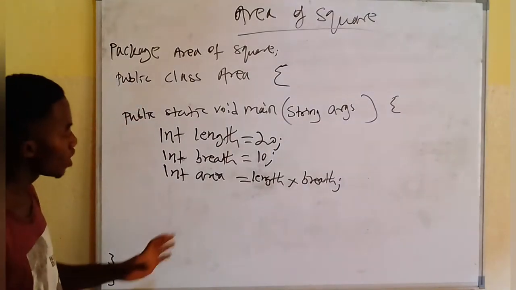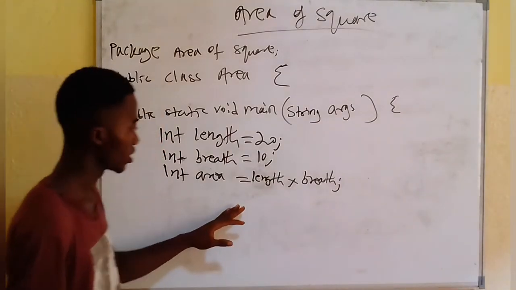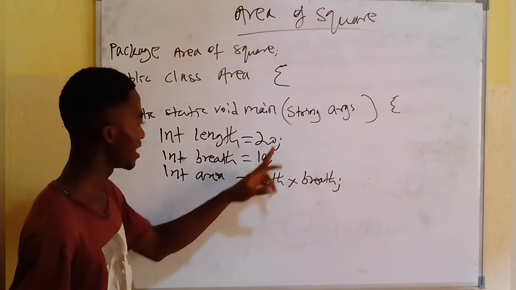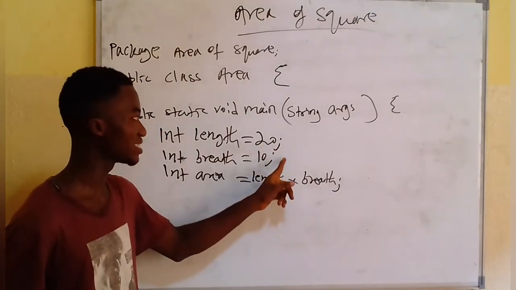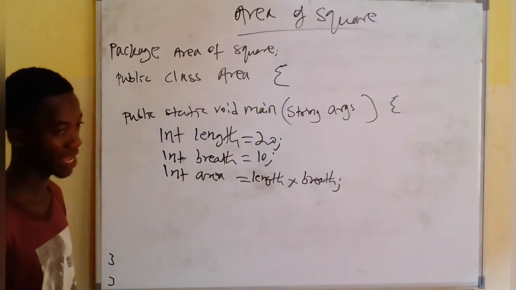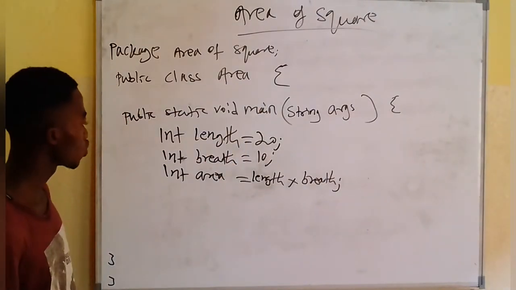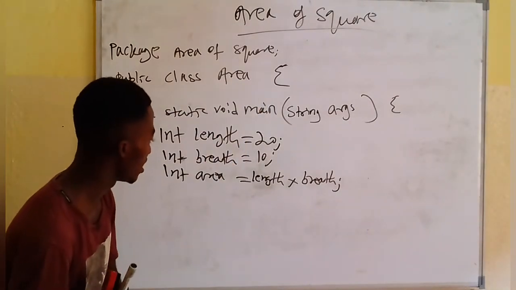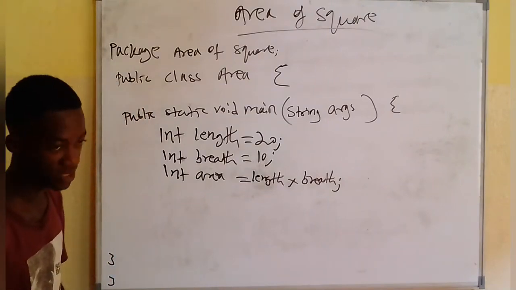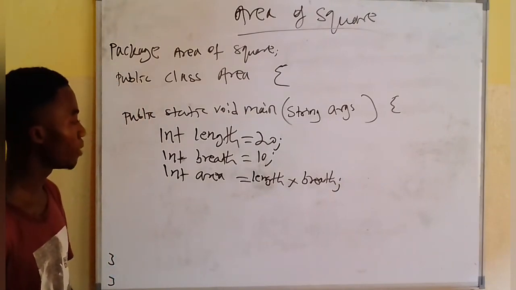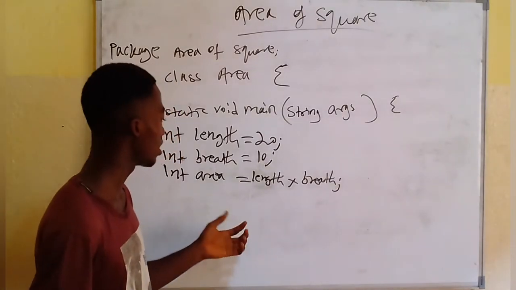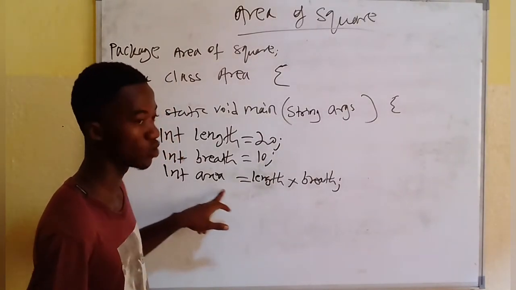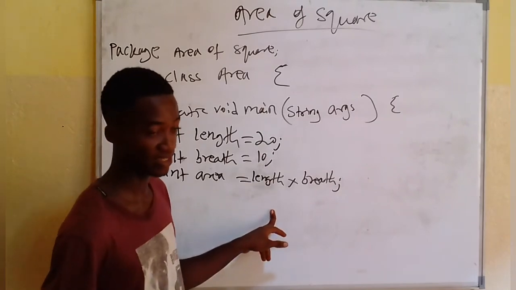So, now we want a result. When you multiply this 20 by 10, this is the length times the breadth, to give you the exact answer, the area of this particular square. What do we do? We go to the print method, the system.out.print method, so that we pass this word area as an argument in our parentheses.